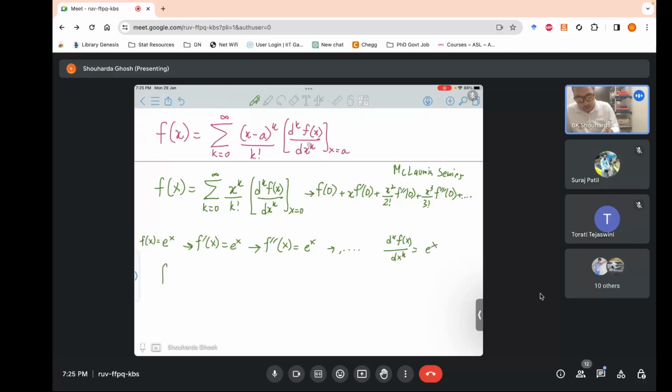So what will f of x be? f of 0 is e to the power 0, that's 1, times x times f prime of 0, that's 1, plus x square upon 2 factorial times 1 plus x cube upon 3 factorial times 1, and so on. So you have 1 plus x square upon 2 factorial, x cube upon 3 factorial, and so on.